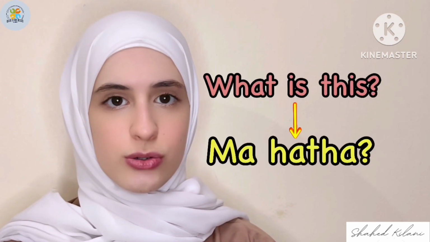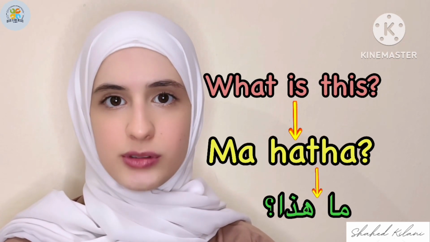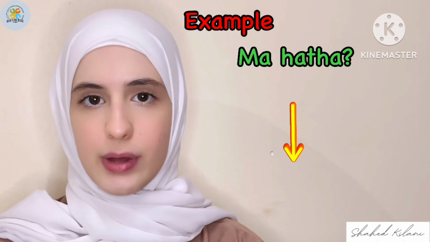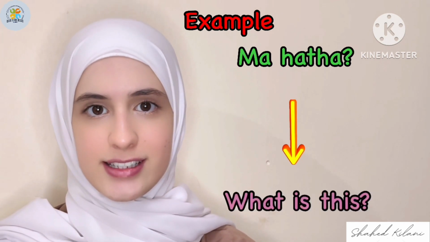Now, let's see how to form a question using the pronoun هذا and how to answer it. What is this? Translates to ما هذا in Arabic. Let's see examples. ما هذا, which translates to what is this?